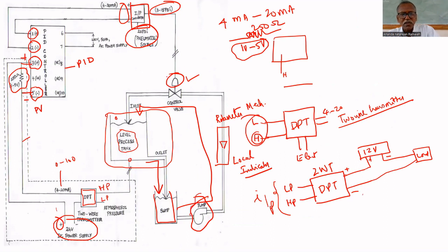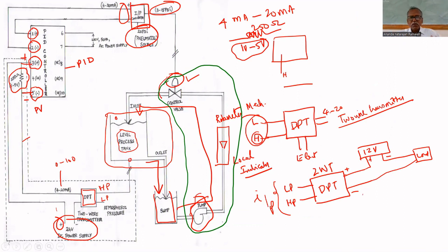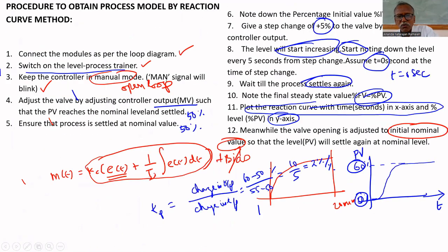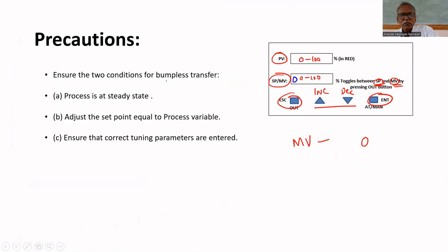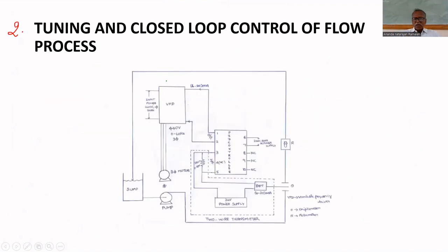Pump and valve, if you consider this part alone, what are all there? Pump, rotameter, valve, that's all. If you consider this part, then it is called flow process. Here we are going to control flow rate of the process.